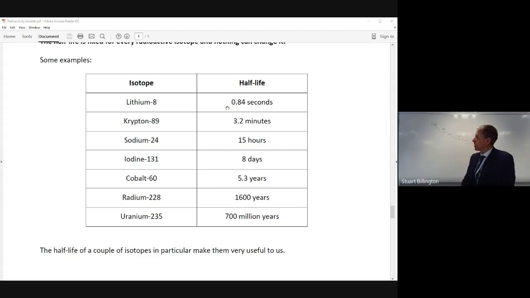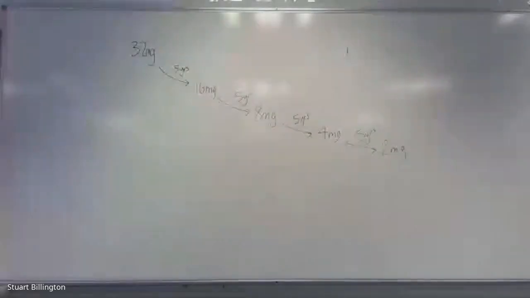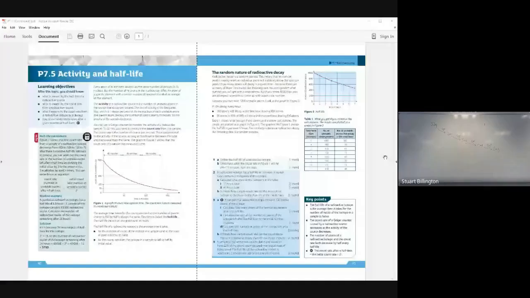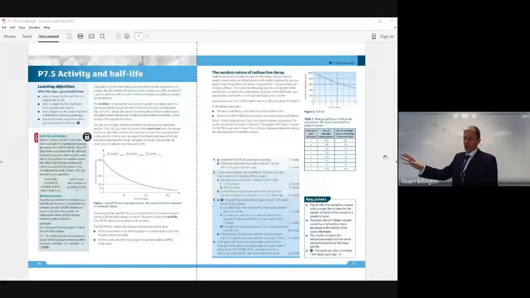Now, because this is tricky, and because you definitely need to practice this, I have got some questions for you that I'm going to put on the screen now. So let me just do that so you can have a look at them. Okay, now that's probably a little bit small on your screen.